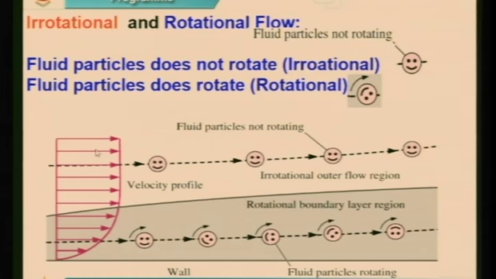I will show you the example. You can see in this case one fluid particle is coming, it is here with the same phase, again here with the same phase, here also the same phase, and here also the same phase. So definitely it is not at all rotating. We can say the fluid particle is not rotating.